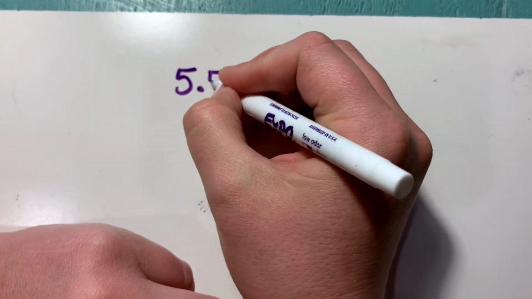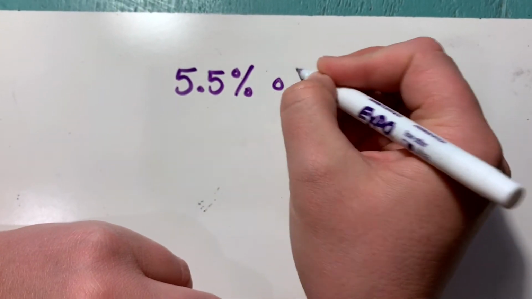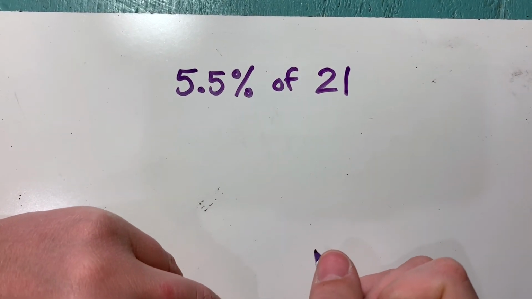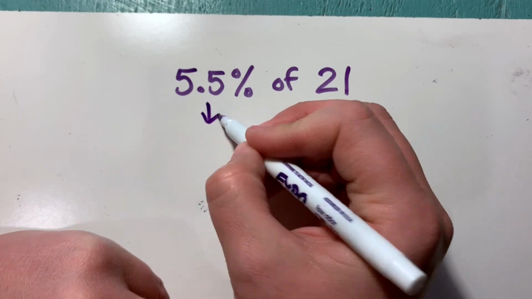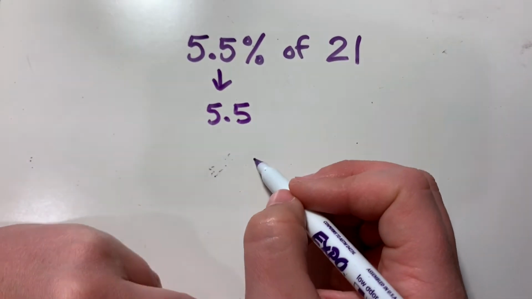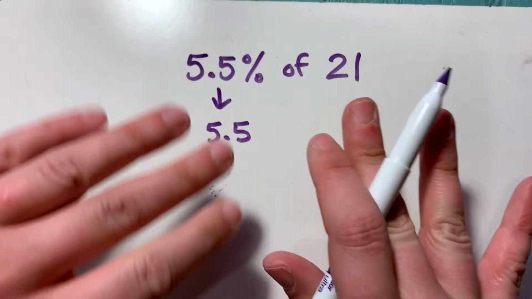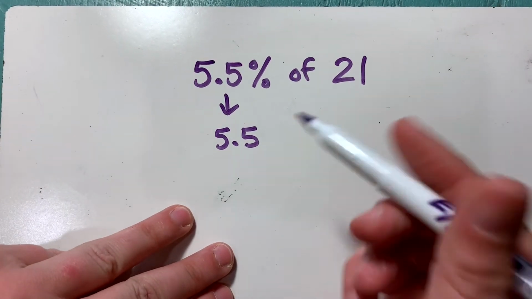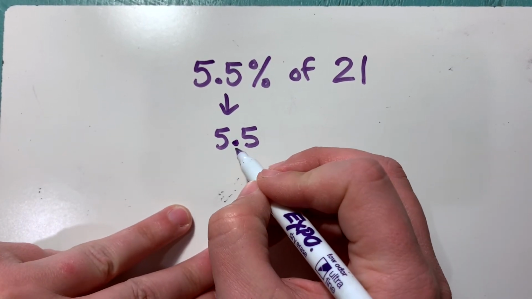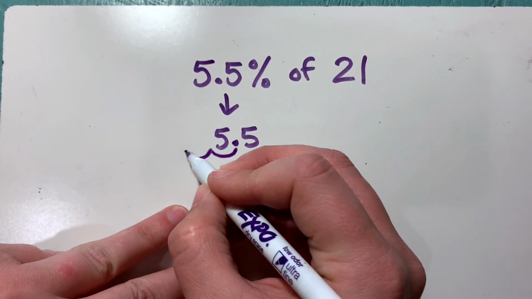Okay, let's do one last example because I want to make sure I do an example. Let's say we're going to find 5.5% of 21. Again, step number 1, I'm going to turn 5.5% into a decimal. And you're probably saying, wait, whoa, Sarah, there's already a decimal there. Well, there is, which means we don't have to bring it from the back, but we're still going to move it over once, twice.